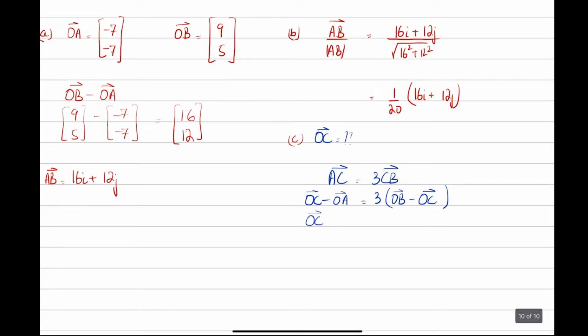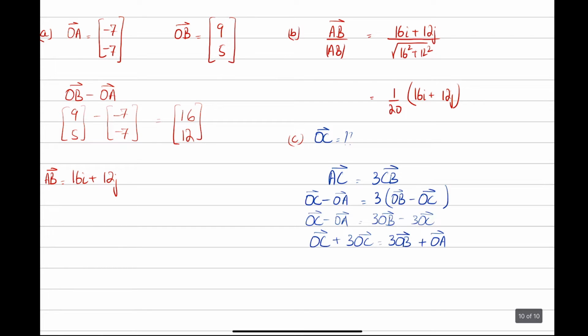OC minus OA, so I'll just rewrite the left hand side as it is, equals 3 times OB minus 3 times OC. So if I get all the OCs on one side, it's going to be OC plus 3 times OC, and if I get everything else on the other side, that's going to be 3 times OB plus OA.